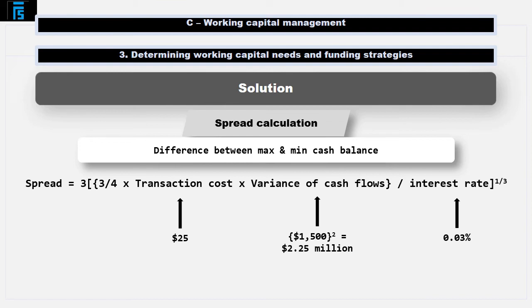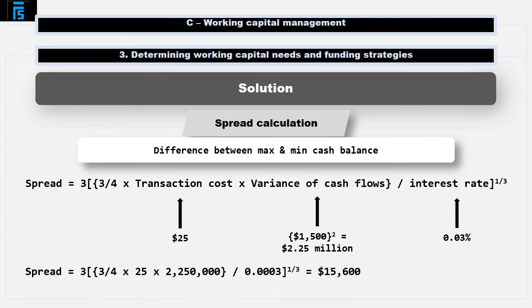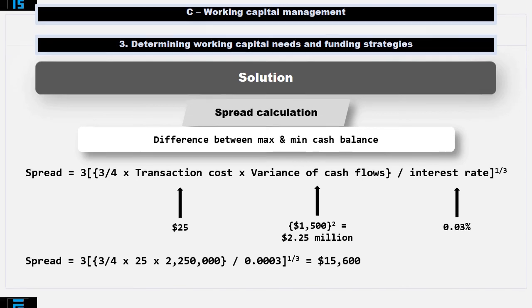So we've got 3, and then inside the brackets we have 3/4 multiplied by 25 multiplied by 2.25 million. That's divided by the 0.03%. And then that's all to the power of 1/3. And you get $15,600. That is the spread. That's the first part of the question answered.